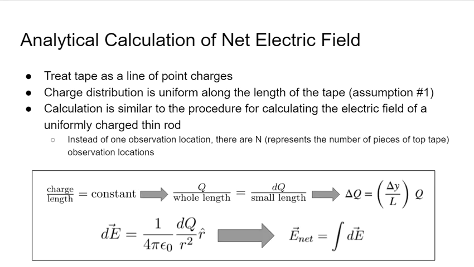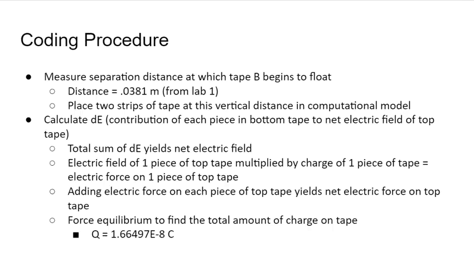And so for the analytical calculation of the net electric field, we treated the tape as a line of point charges, and we know that the charge distribution is uniform along the length of the tape from assumption number 1. And then this calculation is similar to the procedure for calculating the electric field of a uniformly charged thin rod. However, instead of one observation location, we have N, which represents the number of pieces of the tape. And so then we use these calculations to calculate the net electric field.